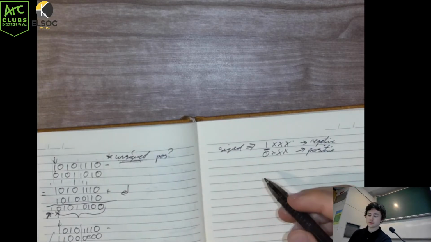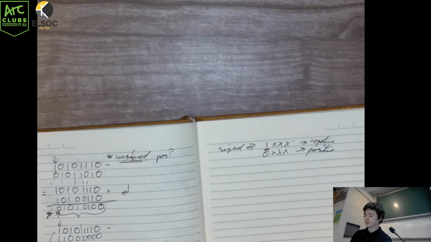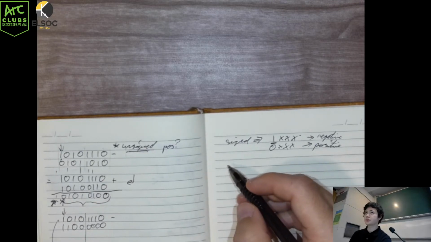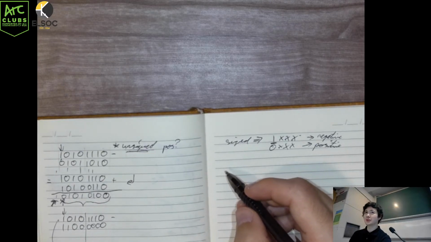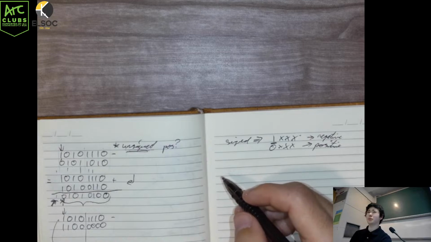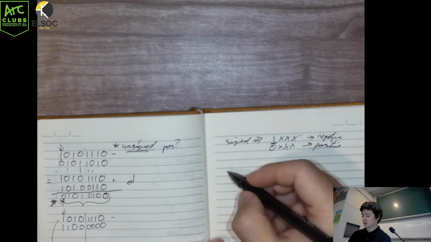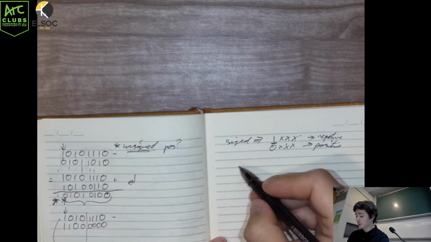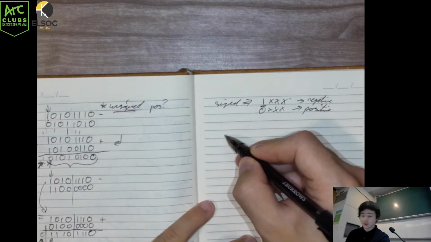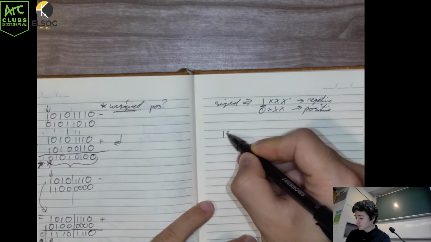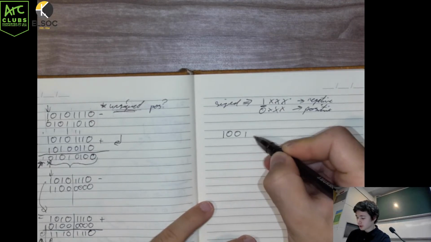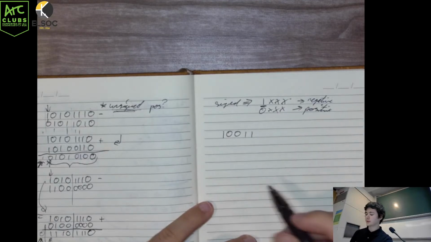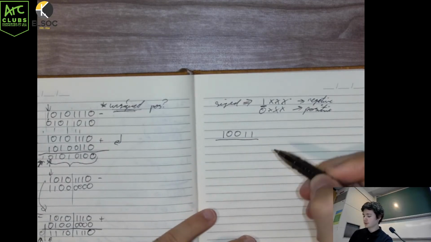So let's go ahead and do an example of signed subtraction, because quite frankly, addition is somewhat boring. Let's talk about subtraction. So let's once again make up a random number. So let's do this. I'm going to use 10011, 5-bit number, of course.